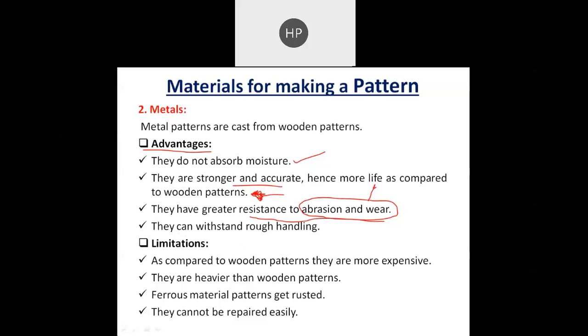And they can withstand rough handling. While a wooden pattern cannot be used for rough handling because it is sophisticated, this metal pattern can be used for rough handling.